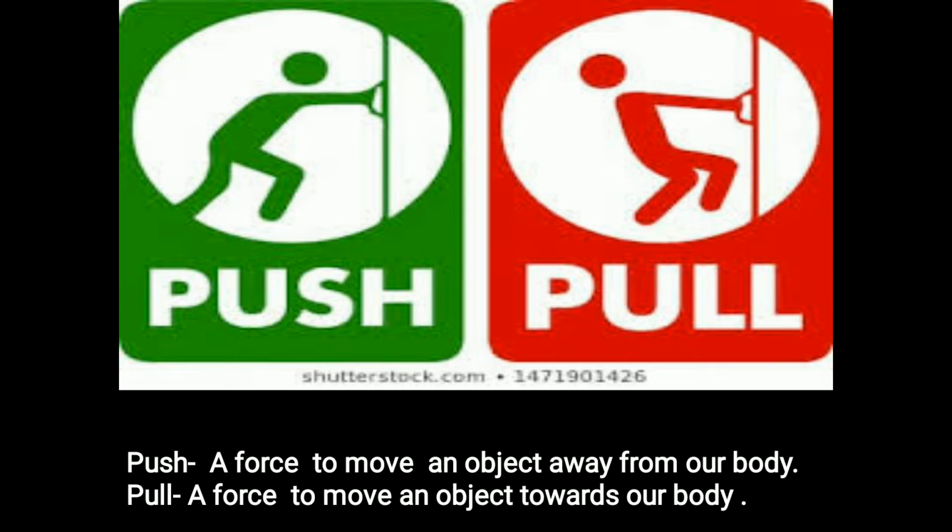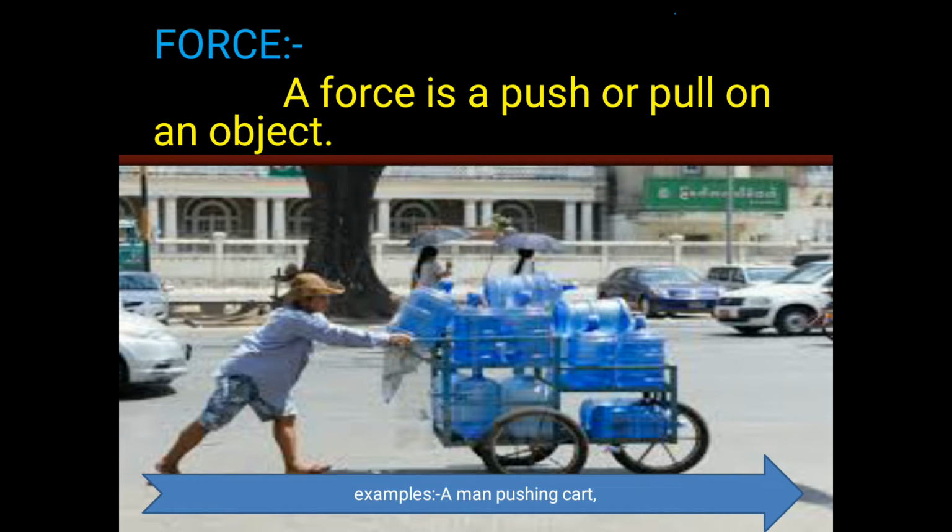Push means a force to move an object away from our body. Pull means a force to move an object towards our body. Pushing, pulling, hitting, lifting, flicking, kicking, etc. are kinds of actions in our daily life activities where we usually apply forces.